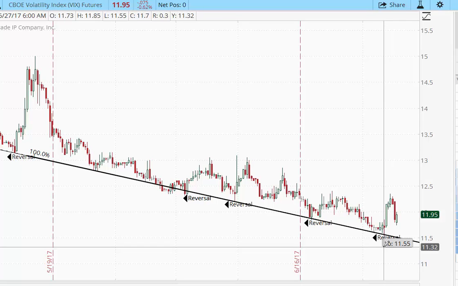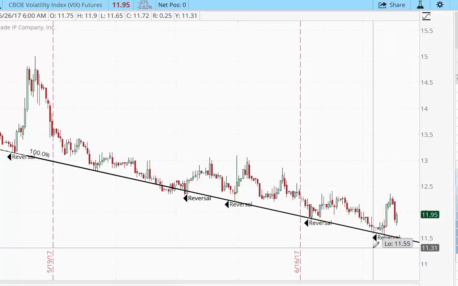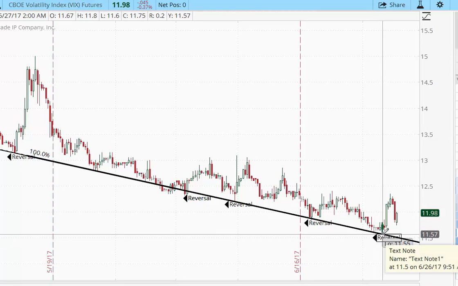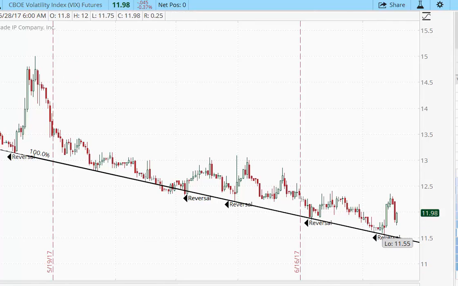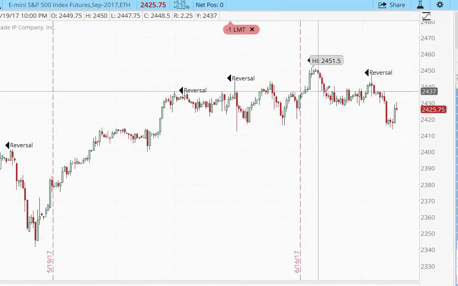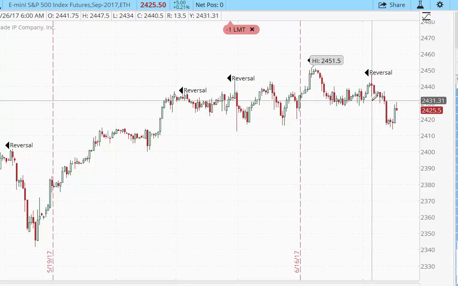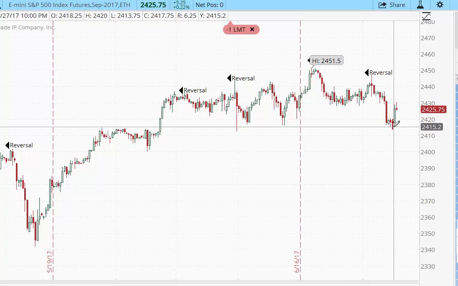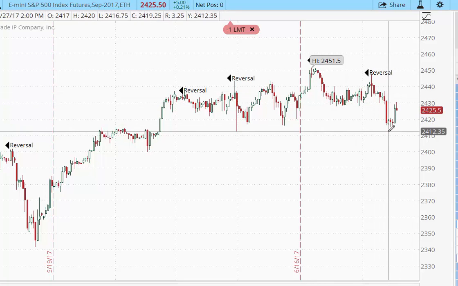Oops, this one says 6/26, 1, 2, 3. Prices did go down to the line, and then they kept on trying to break through it. Let's see what happened over here. It made the high, and then started going down. And there's your 1, 2, 3.